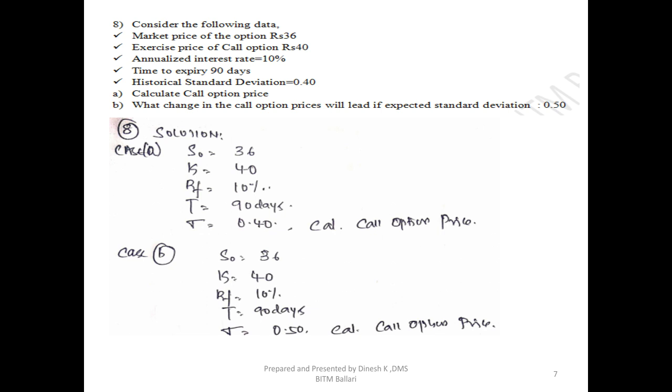In the first case, the standard deviation that we are taking is 0.4 and calculating the call price. In the second case, other values like spot price, strike price, risk-free rate and time are the same.